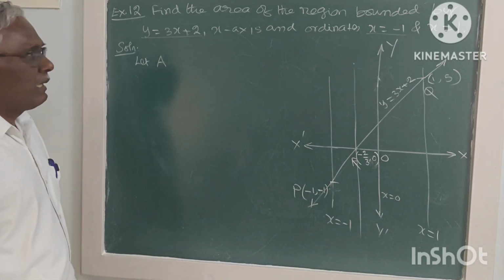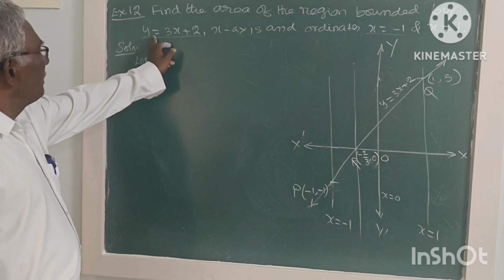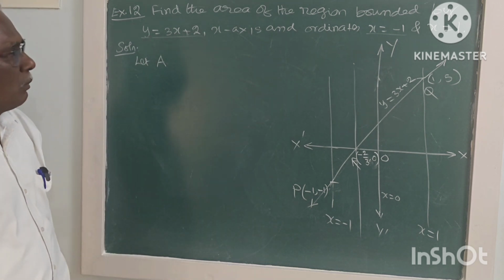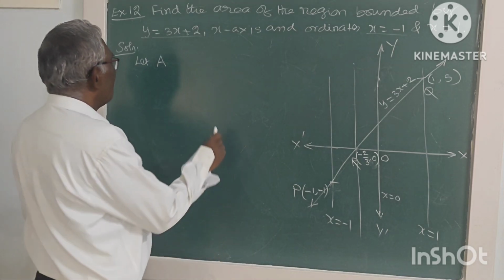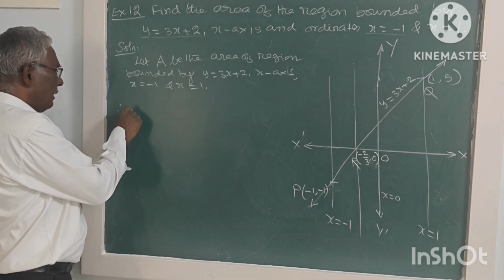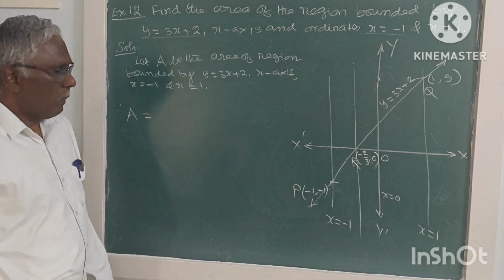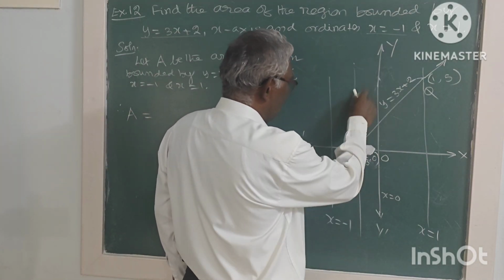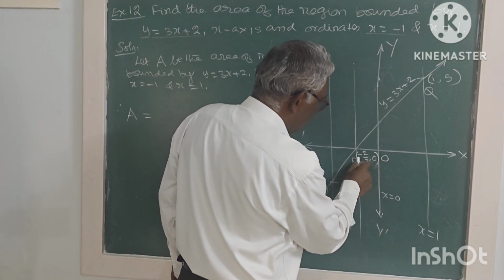Let A be the area of the region bounded by this line, the x-axis and the ordinates x is minus 1 and x is equal to 1. Therefore, A is equal to the integral from x is minus 1. What is the equation of this line?